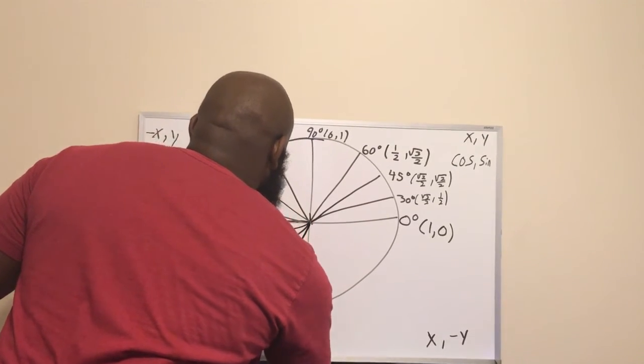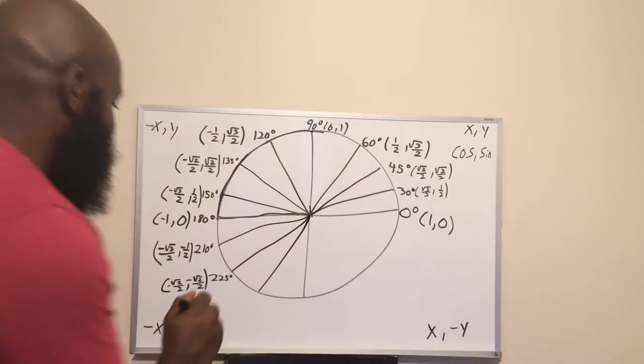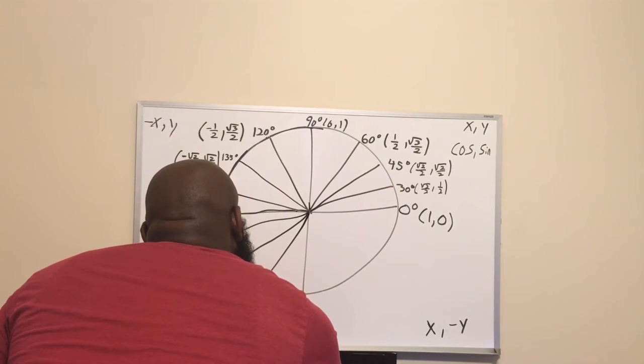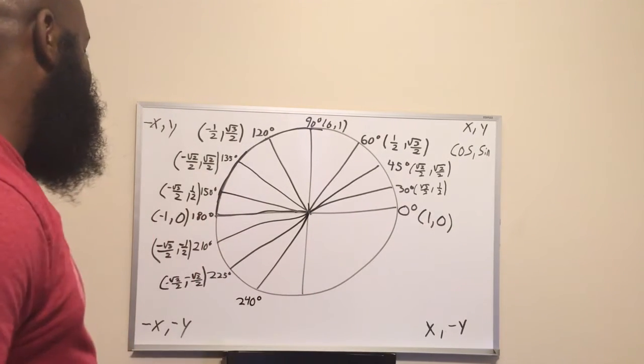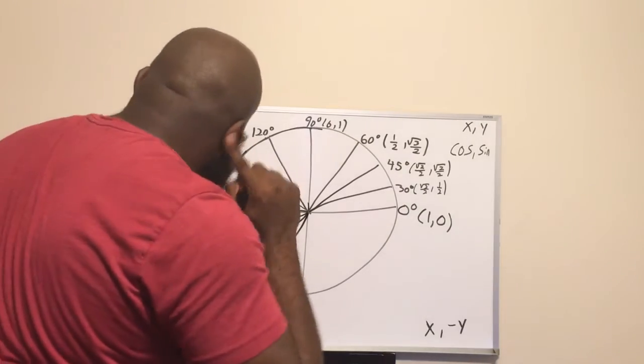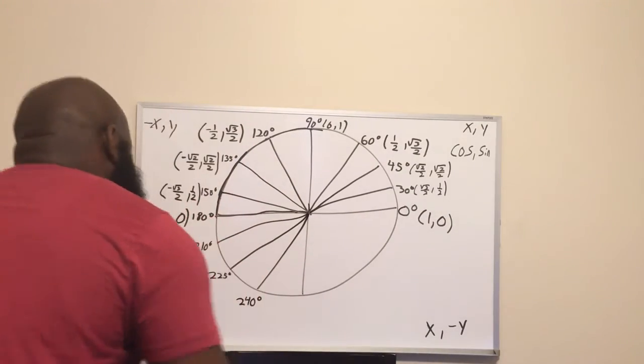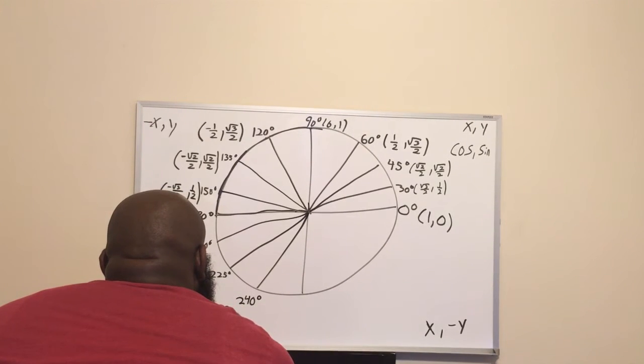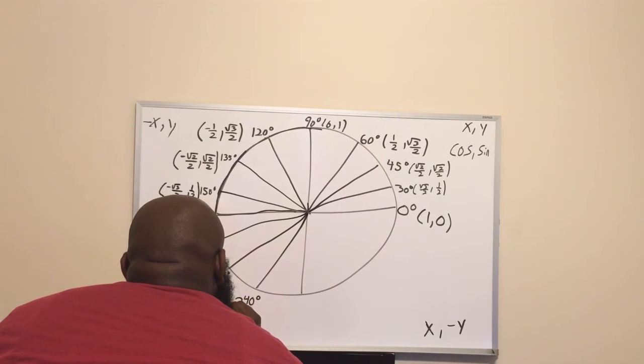Next, we have 240 degrees. At 240 degrees, your cosine is -1/2 and your sine is -√3/2.